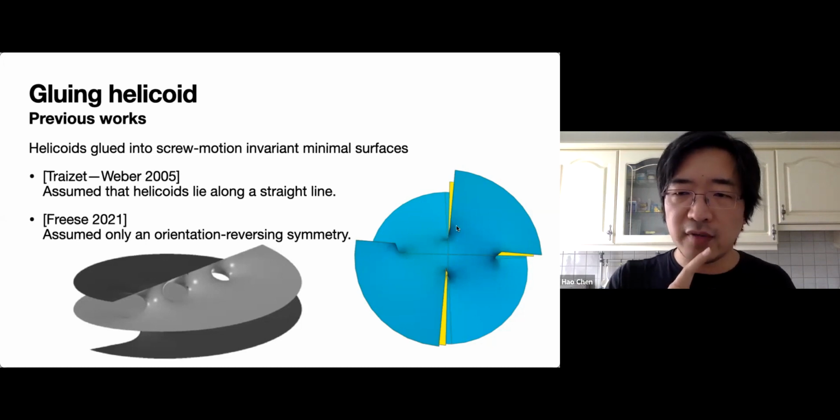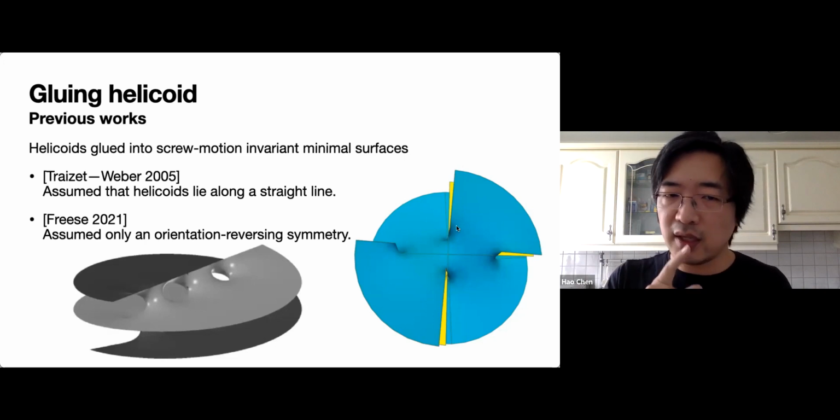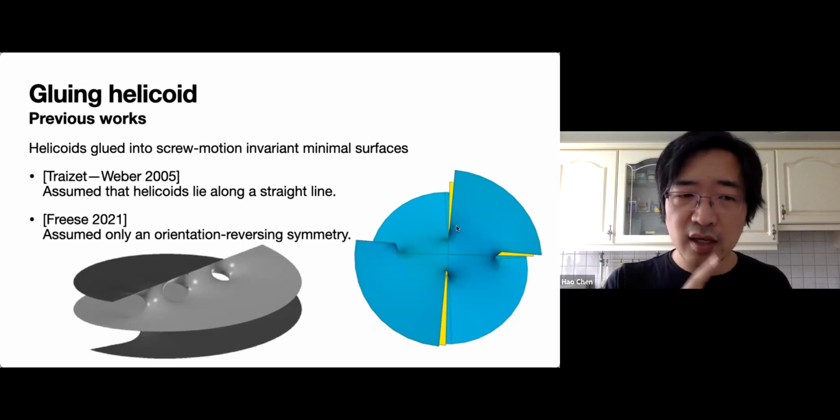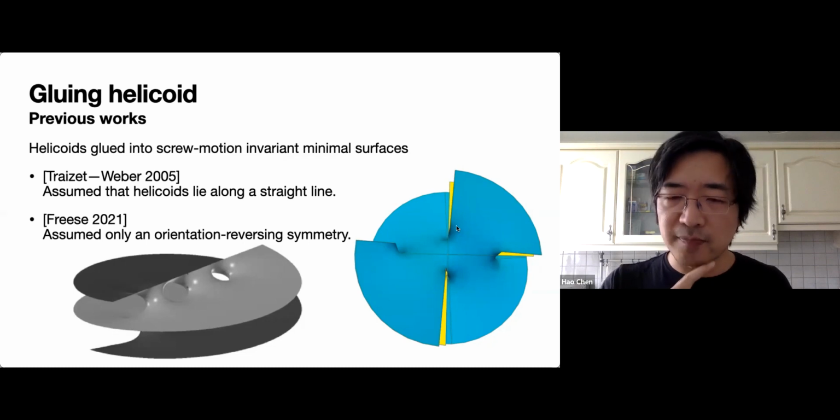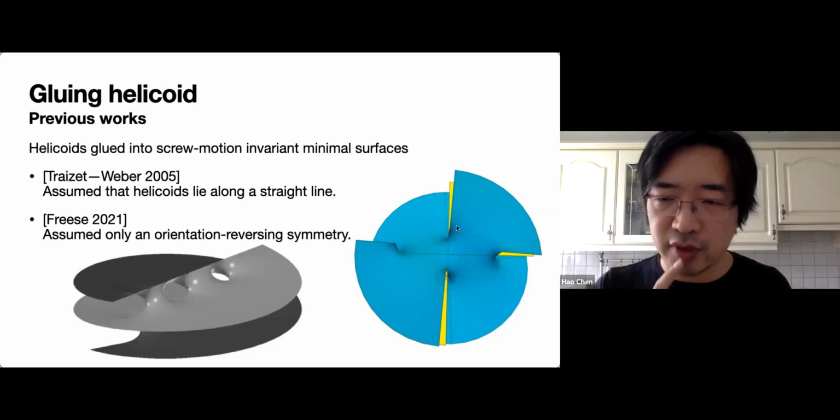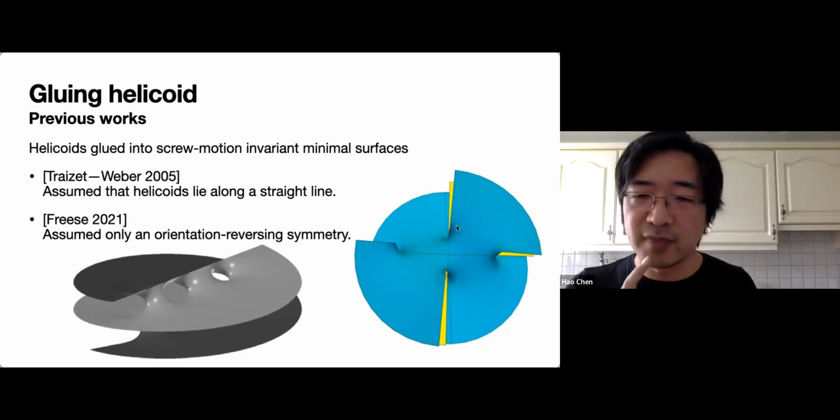In 2005, Traizet and Weber did this, but they assumed that helicoids must lie along a straight line. And last year, Freese, who is a PhD student of Weber, removed this assumption. He only assumed that the surfaces admit an orientation reversing symmetry, and it is possible that this symmetry is actually necessary. We don't know yet.